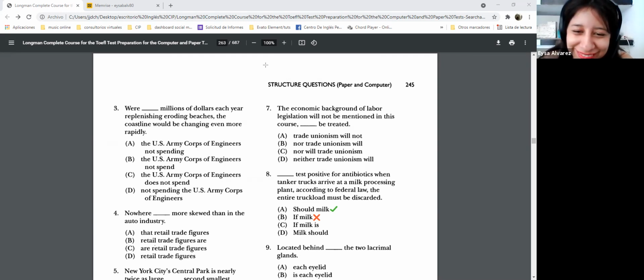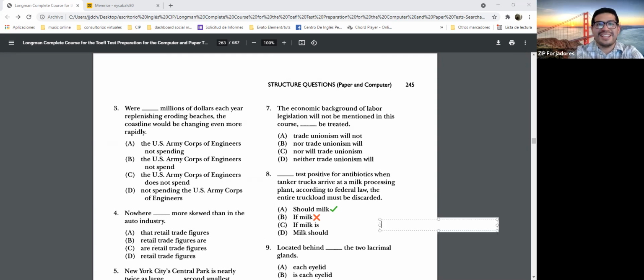Okay. Milk is a singular noun, right? So that means the verb should be in singular conjugation. So "tests" with S because it's singular and it's present. So it couldn't be letter B because we have just "test". Remember, after a modal, that in this case is "should", you put the verb in simple form.